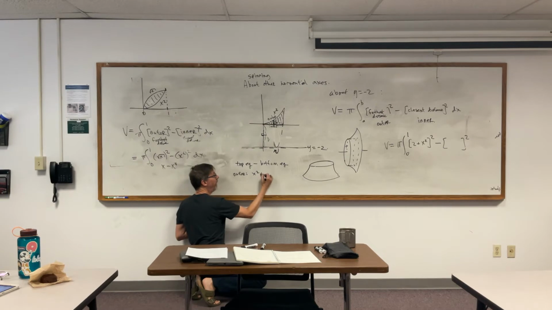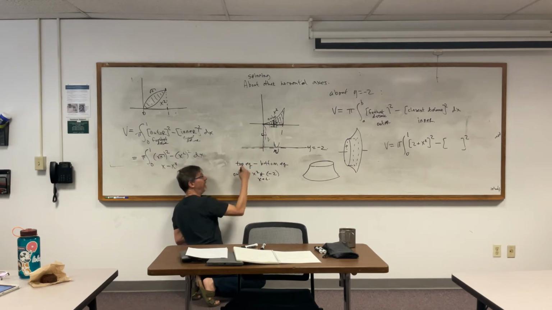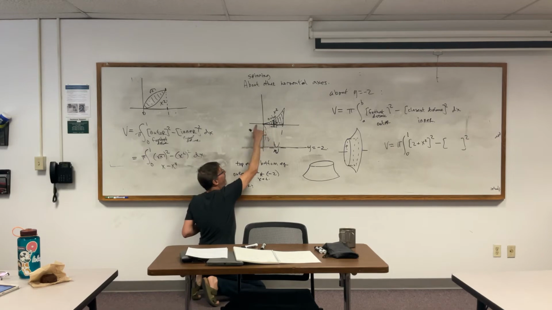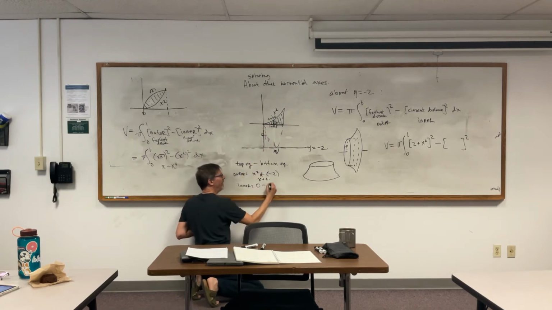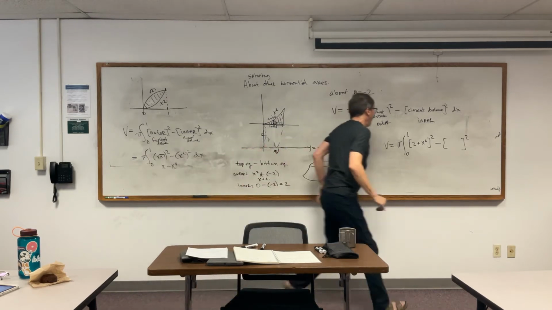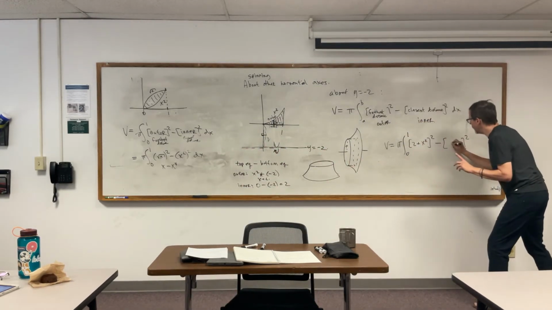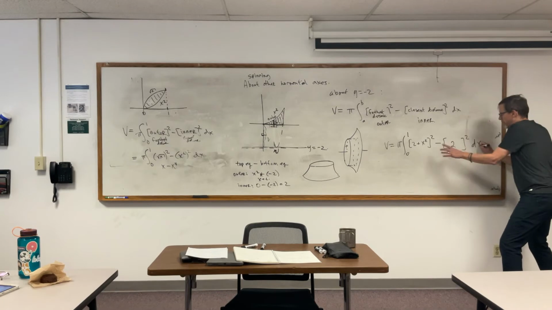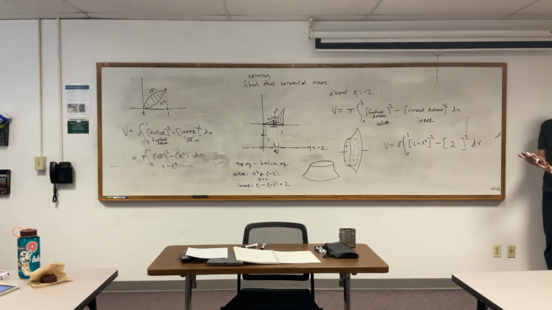So I put x squared minus y equals -2. That just gives me x squared plus 2. The inner one, the equation is y equals 0 minus -2, which just gives me plus 2. But in the end, it's just that distance. There are so many different ways to think about this, but this is our formula right here.